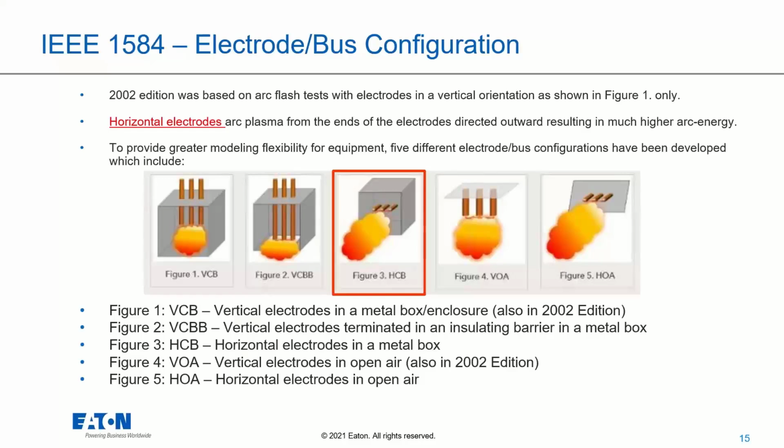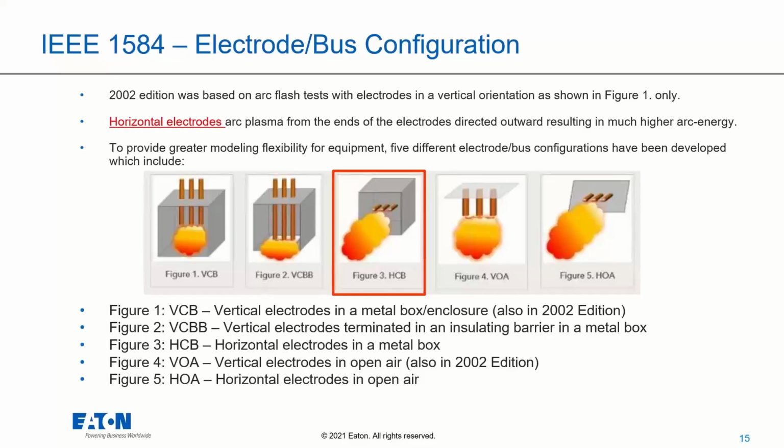But on the other hand, if we look at figures 2 and 3, I know we have figure 3 highlighted, but I'll get to that in just a second. The VCBB and HCB orientations can actually be quite a bit worse. The VCBB can be very common as a model of three-phase buswork coming down into a molded case circuit breaker, or something where you have your three-phase conductor going down into a non-conductive insulated surface.